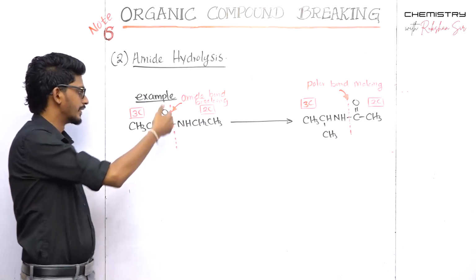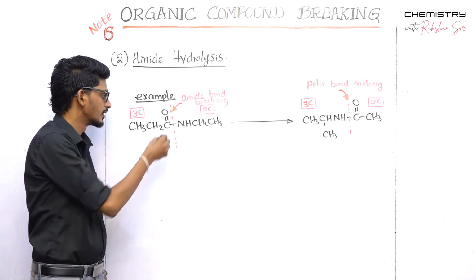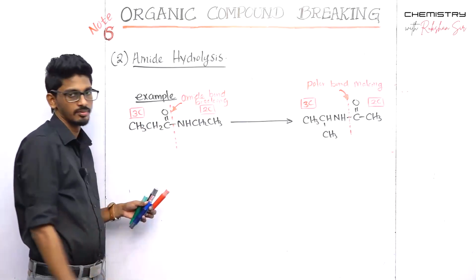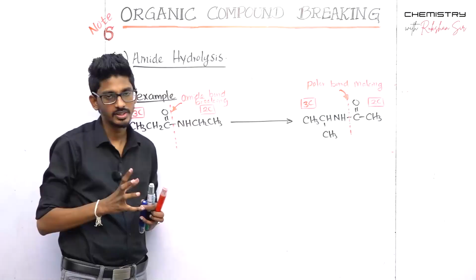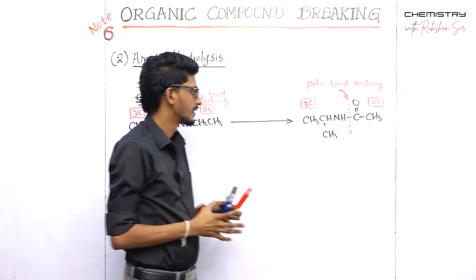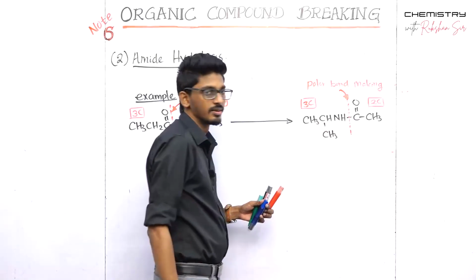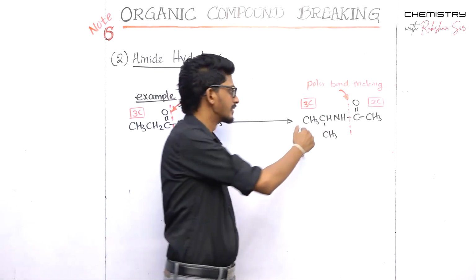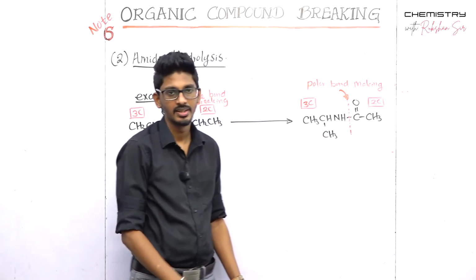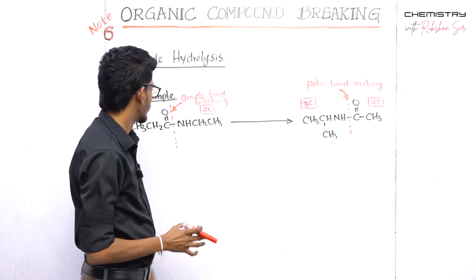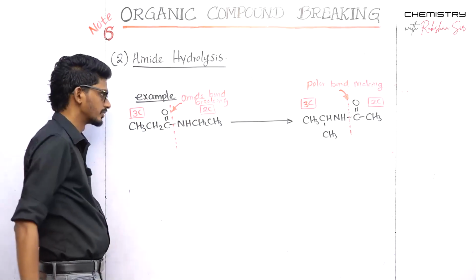You can use those 3 carbon and 2 carbon blocks to come up with this final compound. You can connect the 3 carbon and 2 carbon blocks again to come up with this ketone. That is the idea here. So first, let's start with the breaking of this amide bond.